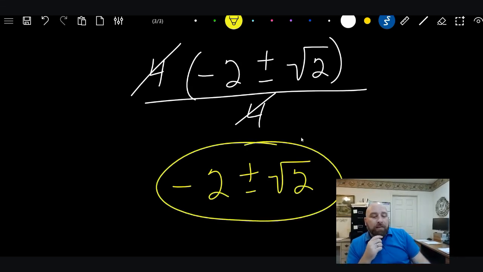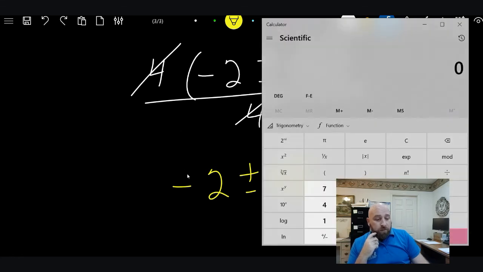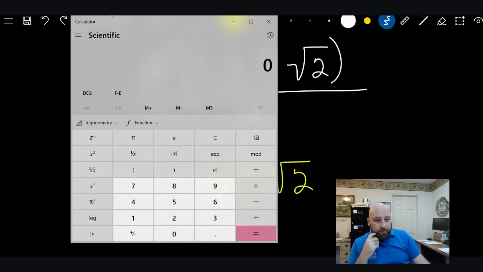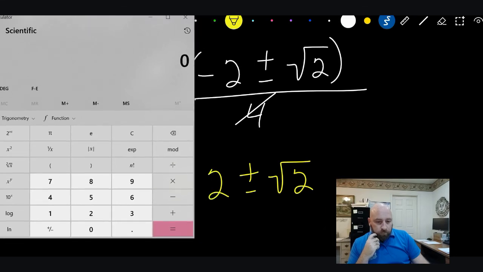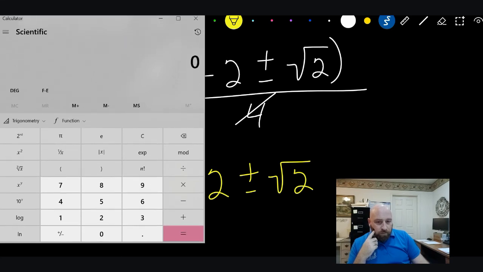Now, what if they want that in a fractional form or in a decimal form? Well, you just come over here to your calculator, and I would go ahead and plug this in. You've got to know how to use your calculator. My calculator on the computer is going to be different than your handheld calculator. So I've got to put mine in, and this is a negative 2.